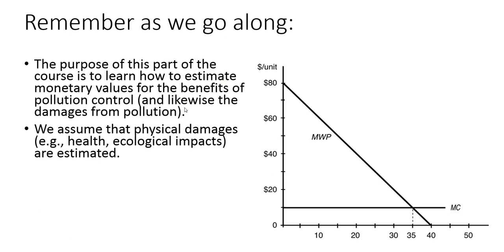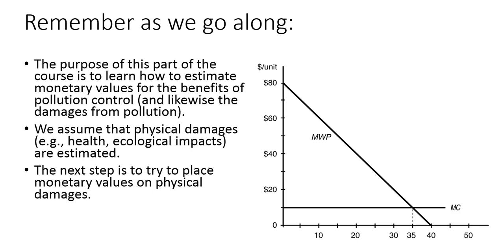Okay, and we're not doing environmental science in this class or epidemiology, so we're going to assume that physical damages have already been estimated. These are things like health and the ecological impacts of a policy. Once those physical damages are estimated, that's when this chapter becomes part of environmental analysis. So we're going to place a monetary value on those physical damages.